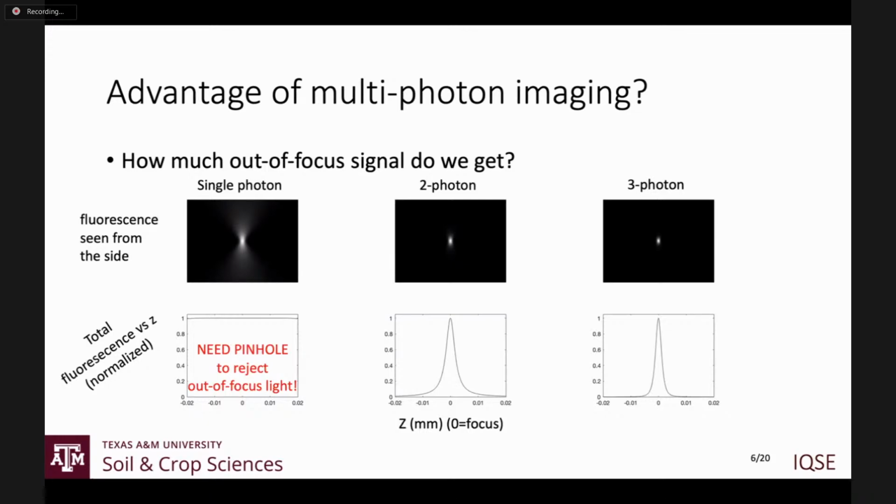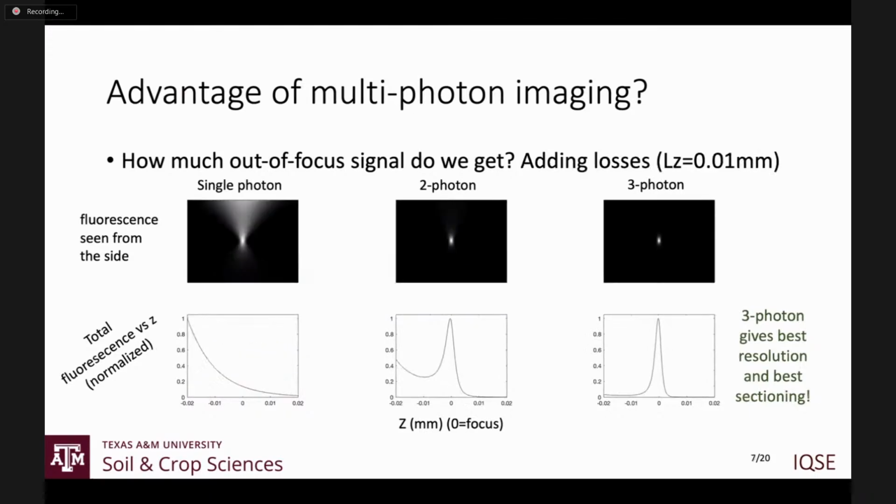And with 2-photon, you get this natural restriction of the fluorescence to come from only around the focus. And with 3-photon microscopy, this optical sectioning is even stronger. So 3-photon microscopy would give you the best resolution and the best optical sectioning.